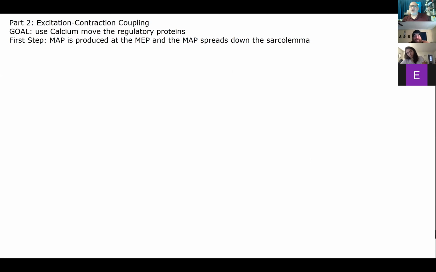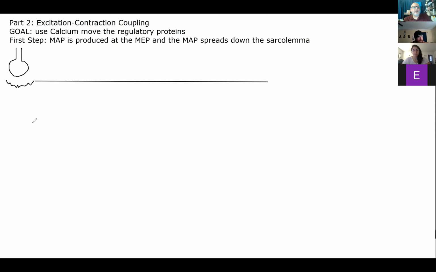So let's do some drawing. As we know, we are going to start at the motor end plate. So let's make our little squiggly motor end plate right there. In fact, we'll put the whole neuromuscular junction there.